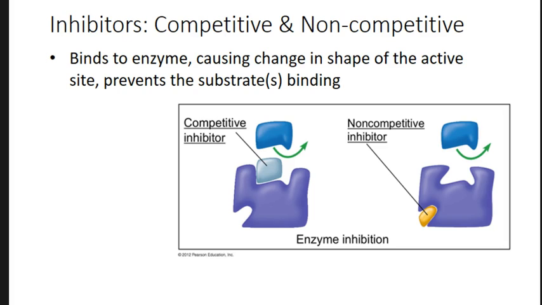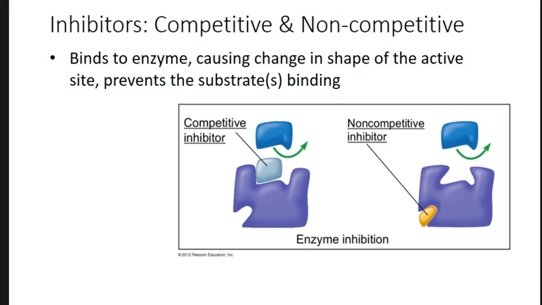As opposed to a non-competitive inhibitor, let's use that same cupcake example. This allosteric site that the non-competitive inhibitor can sit into changes the quaternary structure of the enzyme. Because the enzyme is a protein, right?